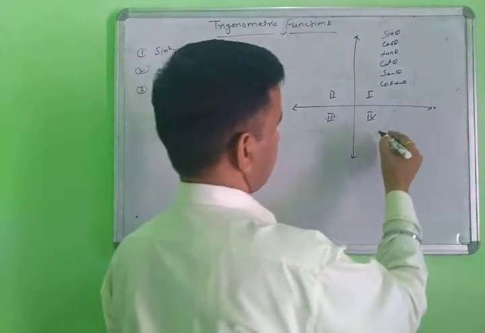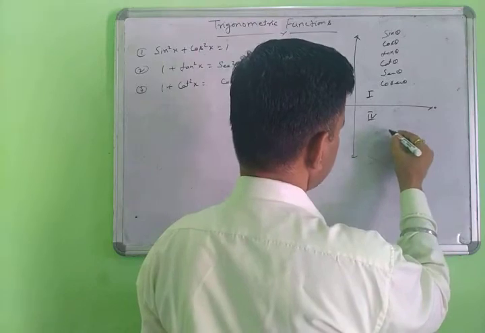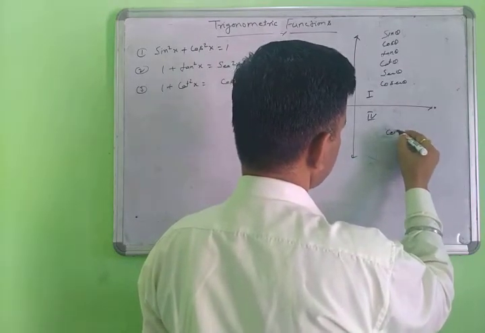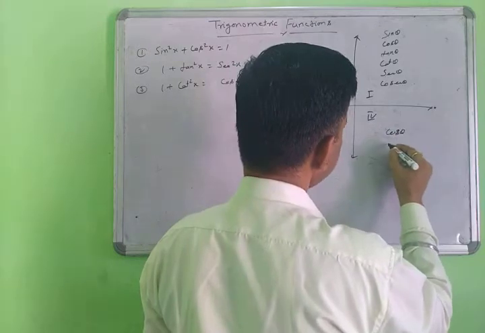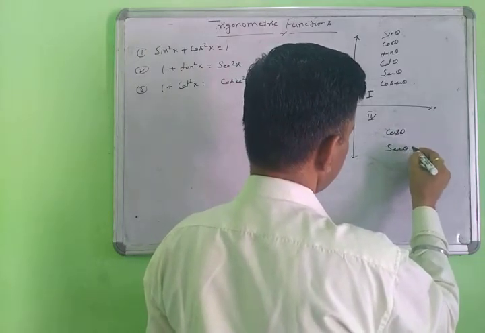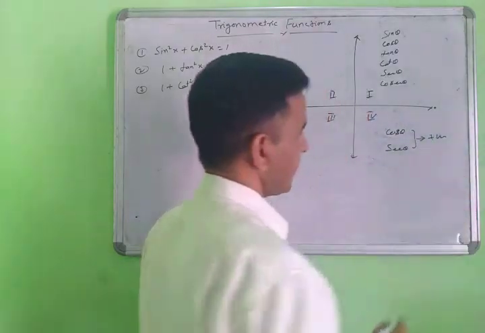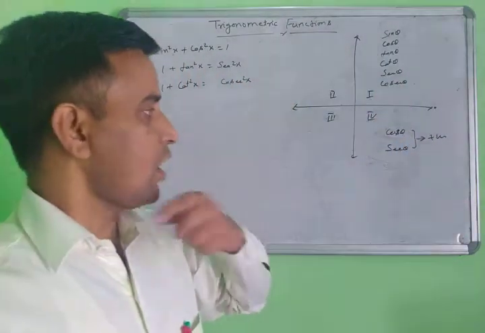In the fourth quadrant, only cos theta and sec theta are positive. The rest will be negative. So how to make the identities here?